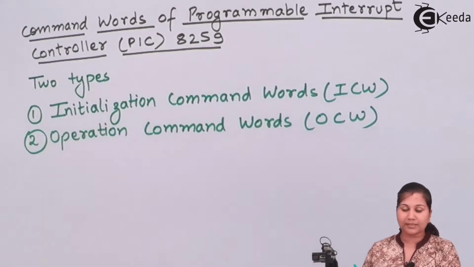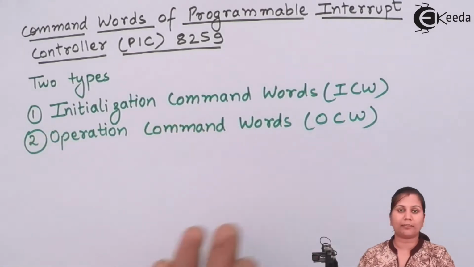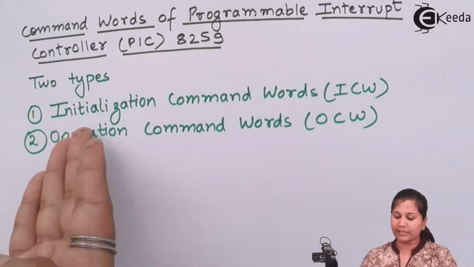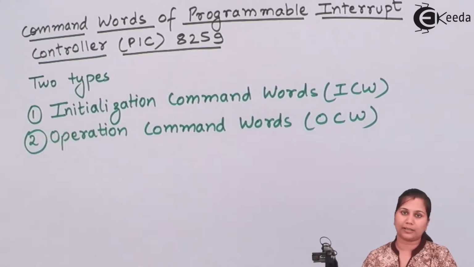As the name says, the initialization command words are used to initialize the 8259 IC. So these command words are given before we use the 8259 IC, just to initialize it. And the operation command words decide the different modes of operation of 8259. So we will have two types of command words. First, we will start with the initialization command words.